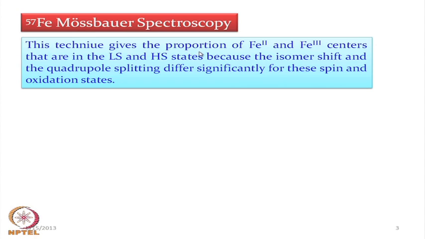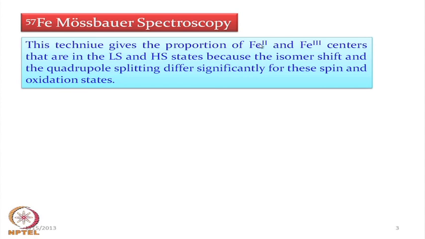The technique gives the proportion of iron 2 and iron 3 centers that are high spin and low spin, because the isomer shift and the quadrupole splitting differ significantly for these spin and oxidation states.